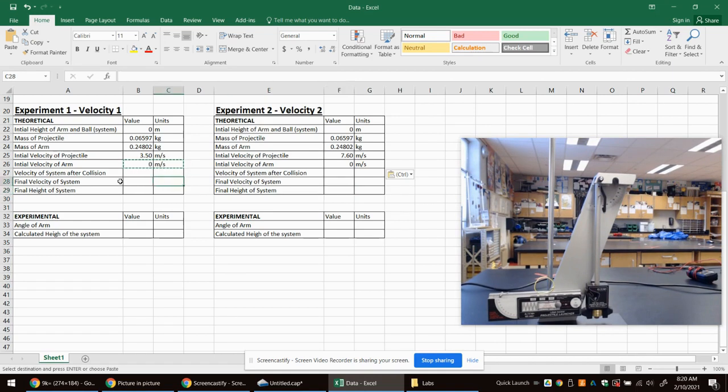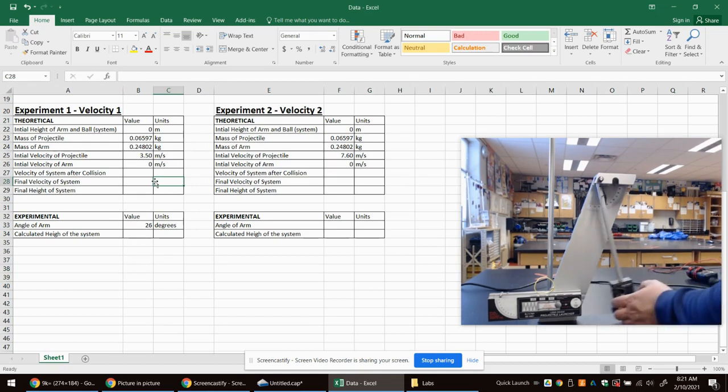So probably need to mark that down here, that the angle of the arm is 26 degrees. And that was when we shot it at the lower velocity.